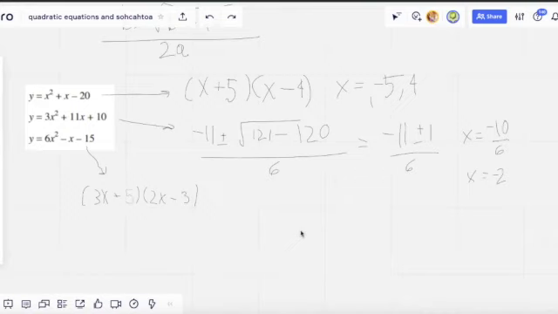This actually ends up being 6x squared plus x minus 15. So that's not what we need. Let's try different numbers. It doesn't seem like 2x and 3x will work. So maybe we try 6x and x.